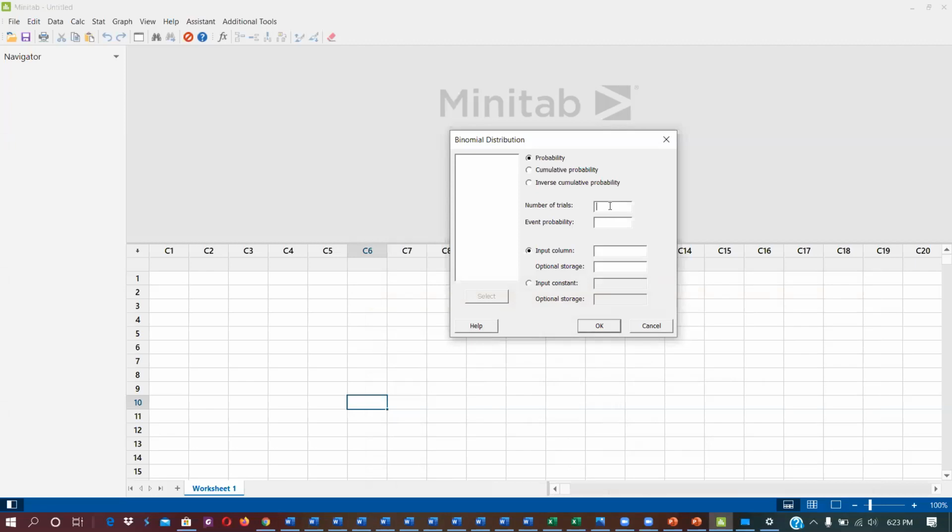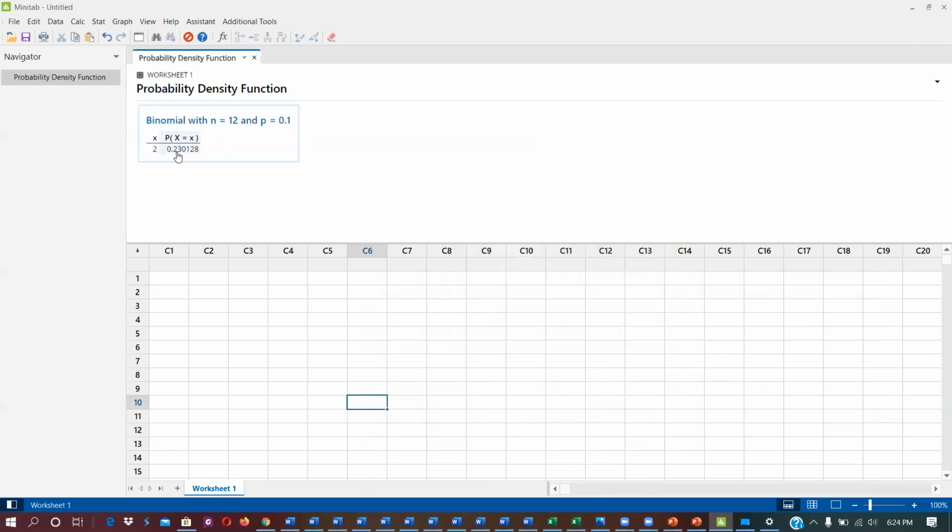So the number of trials is 12, the probability is 10%, and the input constant is 2. Let me see. And here we get the probability of 23%. N equal to 12, probability P equal to 10%, event X equal to 2 gives 23%.